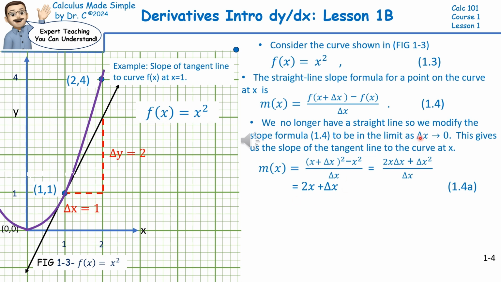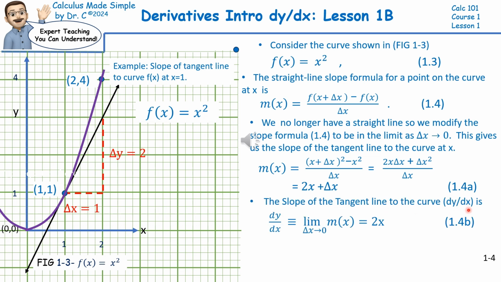So we can see that if we evaluate the slope in the limit as delta x approaches 0, we do get the slope of the tangent line to the curve at x equal that value. So in this case, we write this as dy dx, meaning it's delta y over delta x, but it's really, really small in the limit as delta x approaches 0.